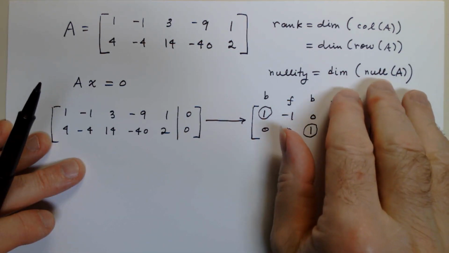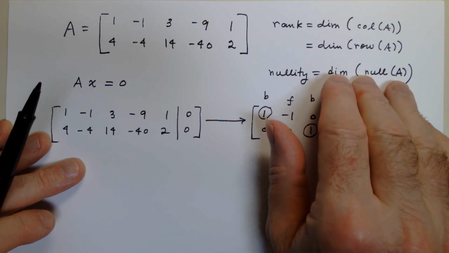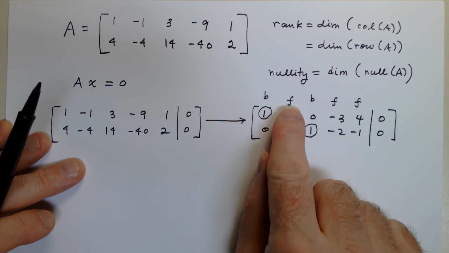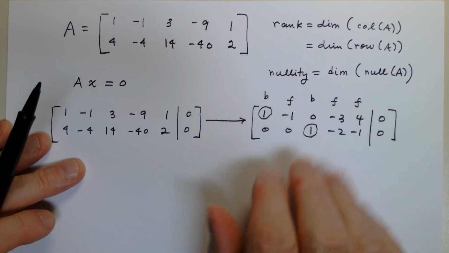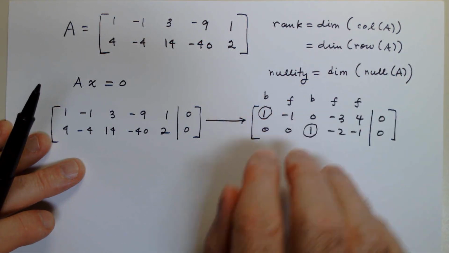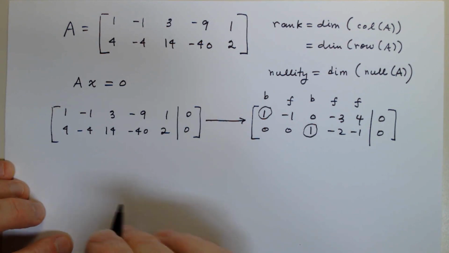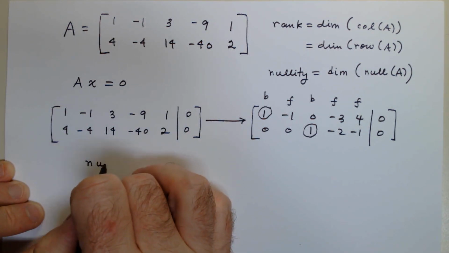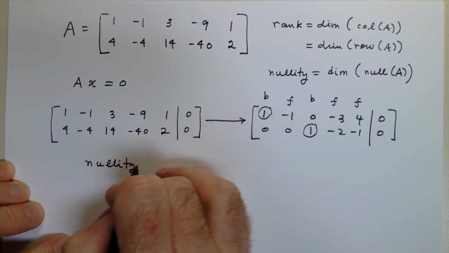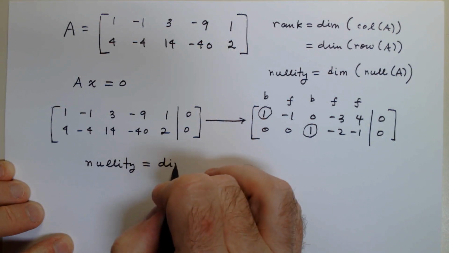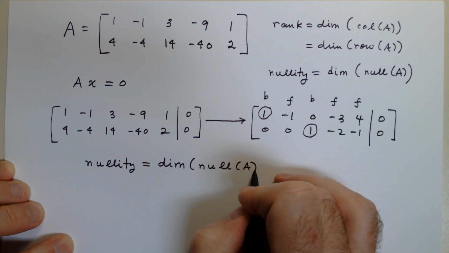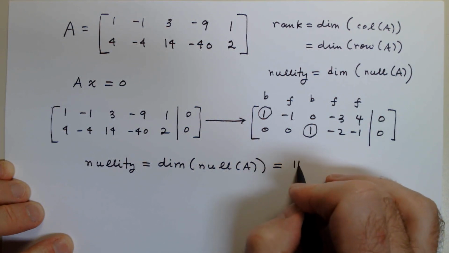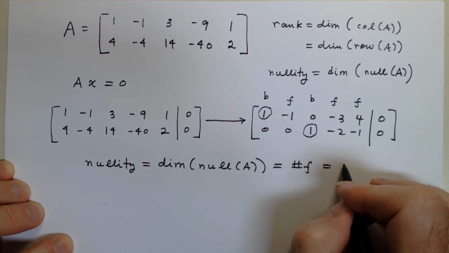So we know that there will be 3 vectors in that basis. And so without doing any further work, we can declare that the dimension of the null space of A, the nullity, if you will, is equal to the number of free variables, which in this case is 3.